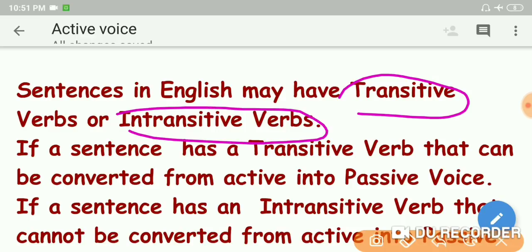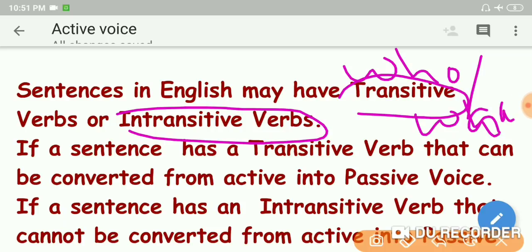What do you mean by intransitive? Transitive means if it answers the question who or what from the object position, then that is a transitive verb. If it doesn't answer the question who or what, then we can call it an intransitive verb.